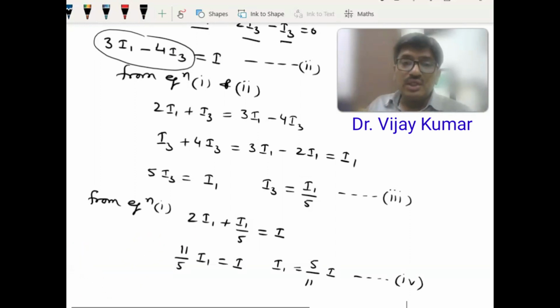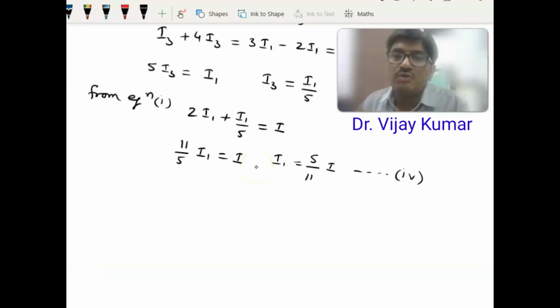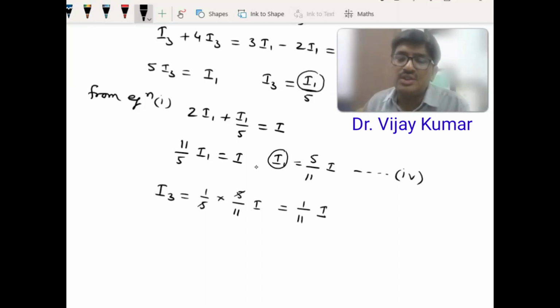Now put the value of this I1 in I3. So I3 becomes 1 upon 5 of I1, and I1 is 5 upon 11 I. The 5 cancels out, giving 1 upon 11 I. This is the value of I3.